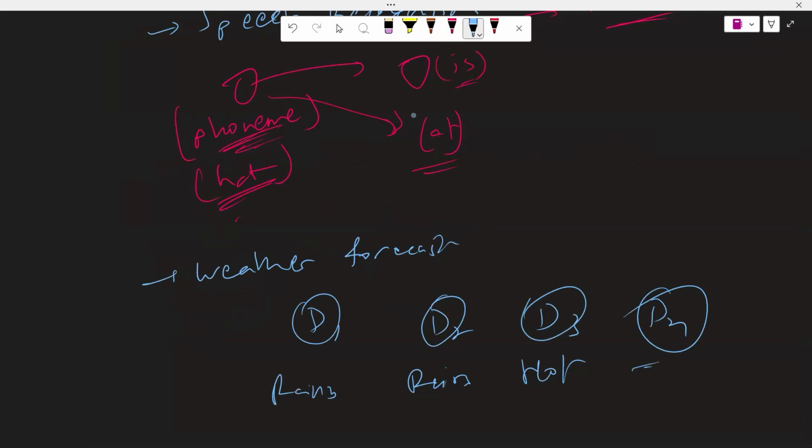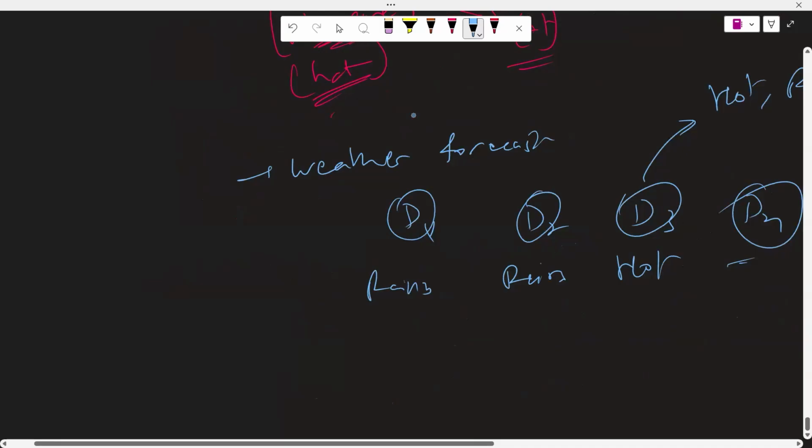Will it be hot? Will it be rainy? Will it be humid? And you can identify that based on a chain. Based on the chain, you can take a call for that.